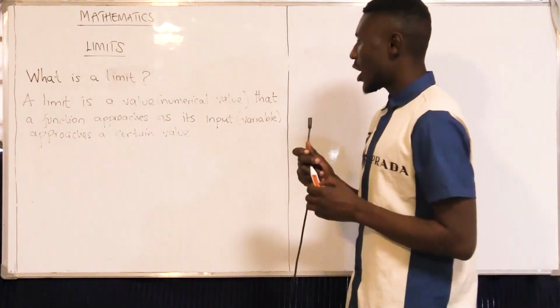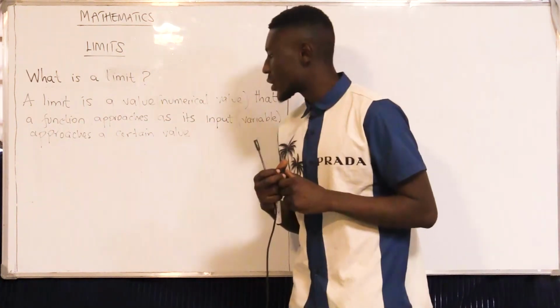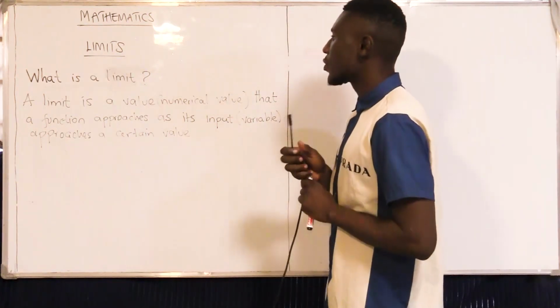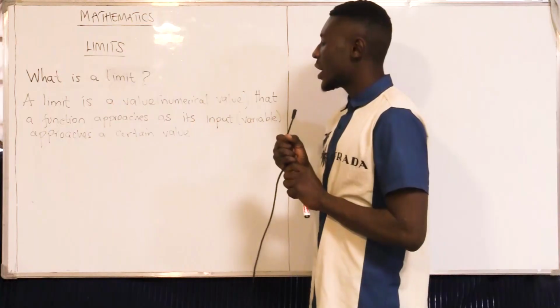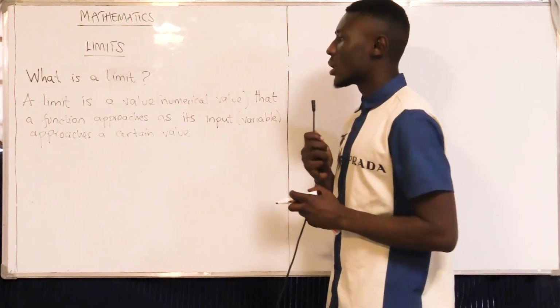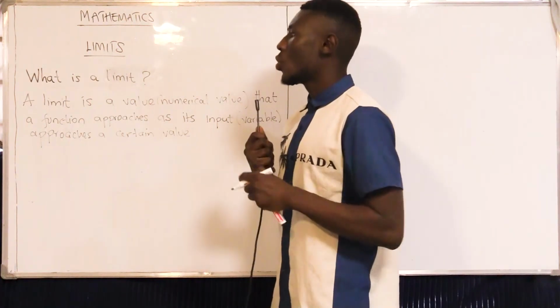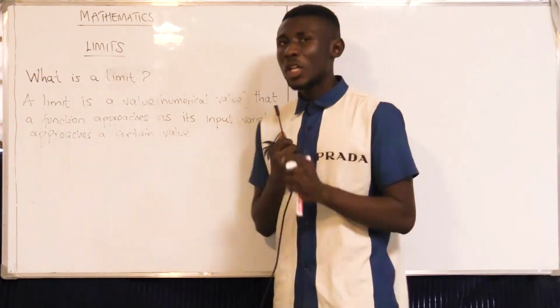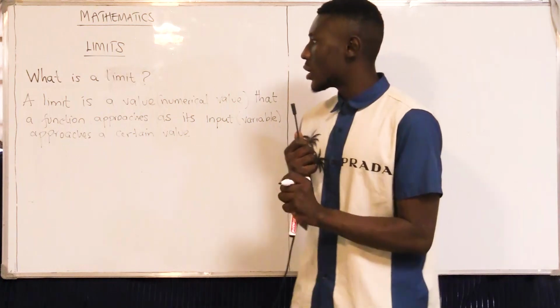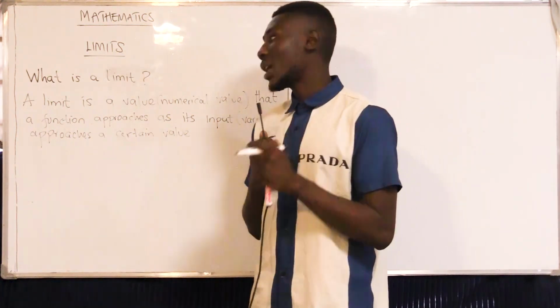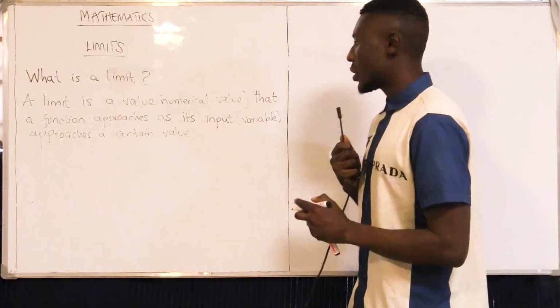If I have my function to be f of x, f of x is defined in terms of x. Thus, whatever x approaches in terms of number, even the function will approach a certain number. Now that number being approached by a function is what we refer to as a limit.